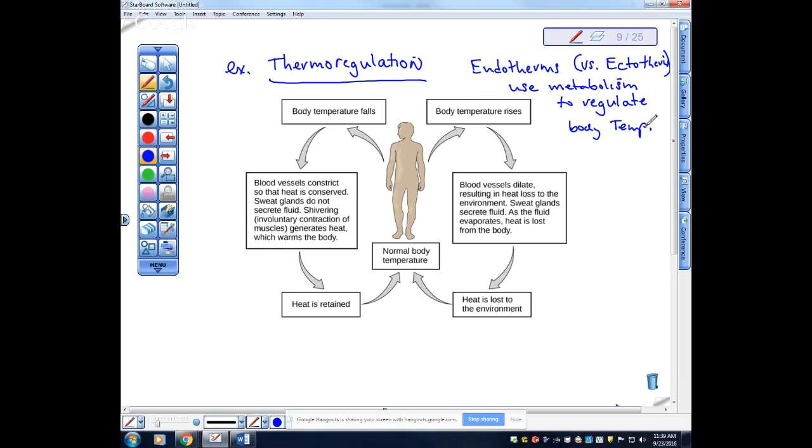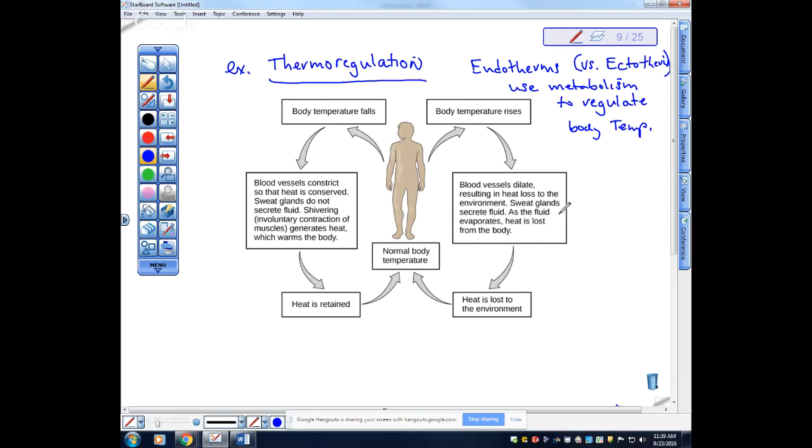So when we look at this, we can see that we can lose heat if the body temperature rises. The response is coordinated by the brain, and so the brain would be the control center. The blood vessels dilate, we sweat, we evaporate, and then heat is lost. And so this is a negative feedback, right?